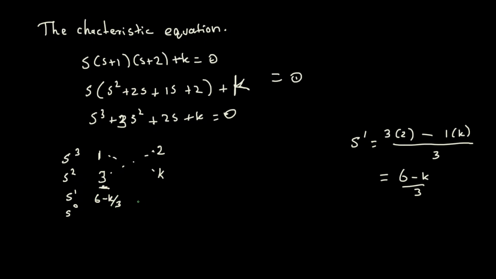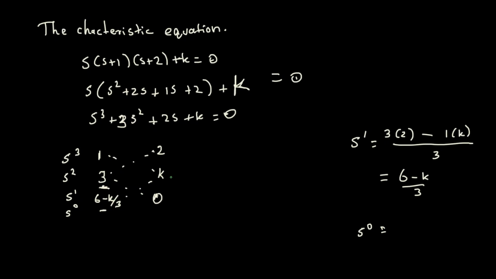And here we have nothing, so we assume this one to be 0. And for s power 0, we do the same thing. We multiply this one with this, and divide by whatever is the denominator.